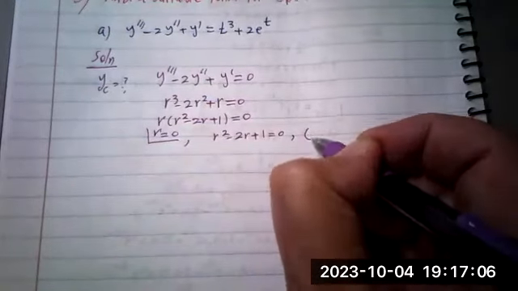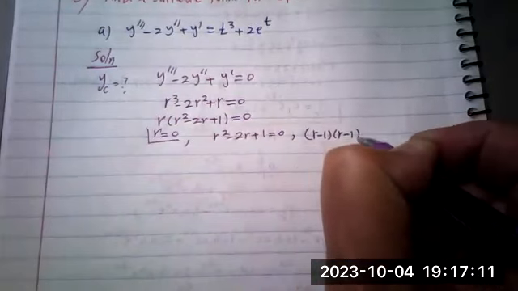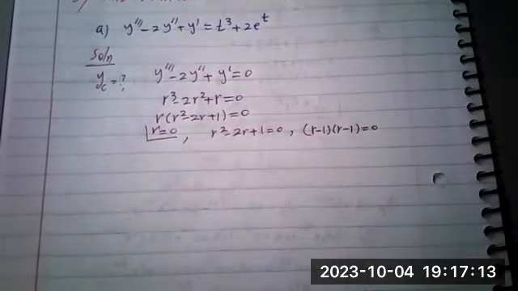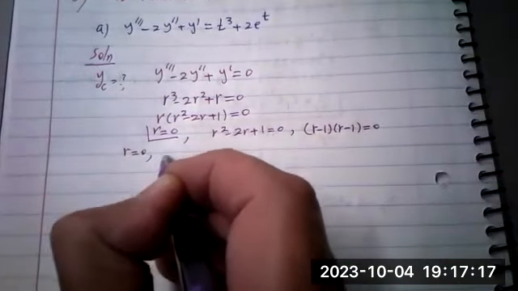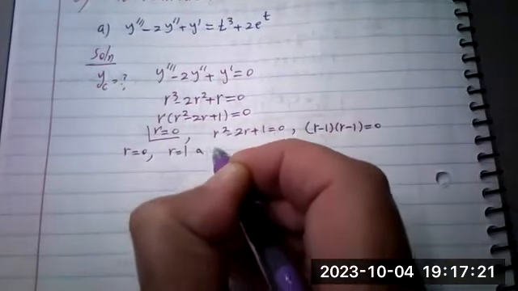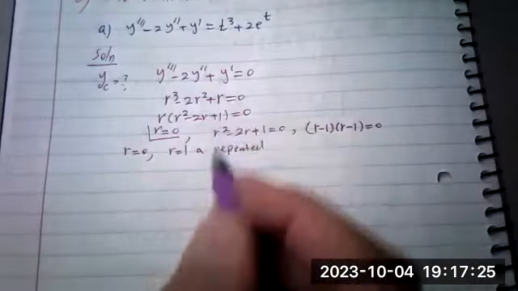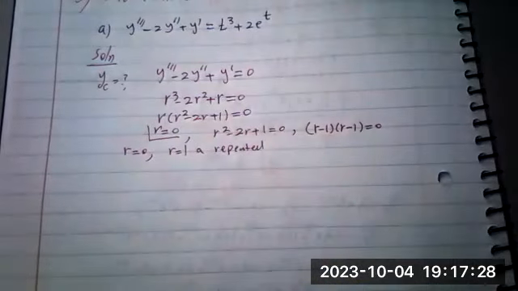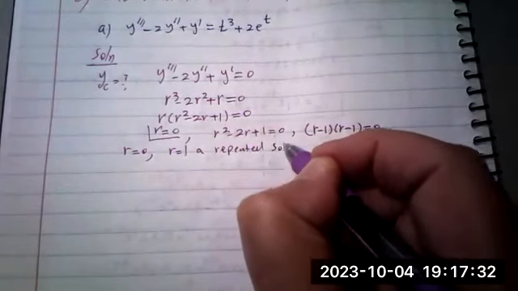We're going to factor this one: r minus 1 and r minus 1, or a square. So we have r equals 0 and r equals 1, a repeated solution. You don't need synthetic division or anything, just check to see if we can factor it first.